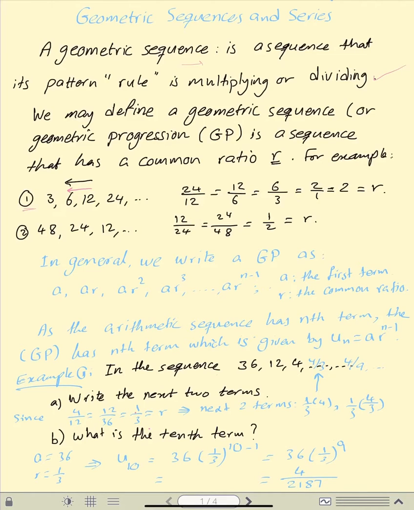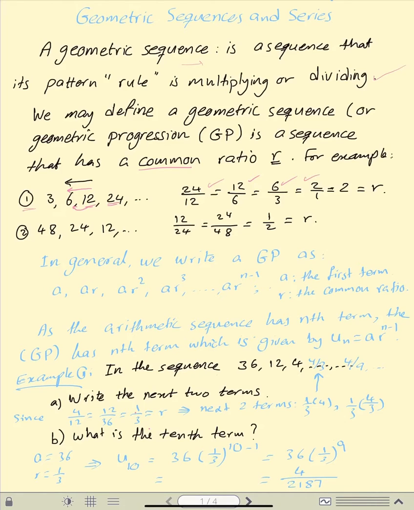Now in advanced level, we read the sequence in this direction. What do you mean? Common ratio. If we divide the next term by the previous one, you'll get the same ratio. So is 24 divided by 12 equal to 12 divided by 6, equal to 6 divided by 3?